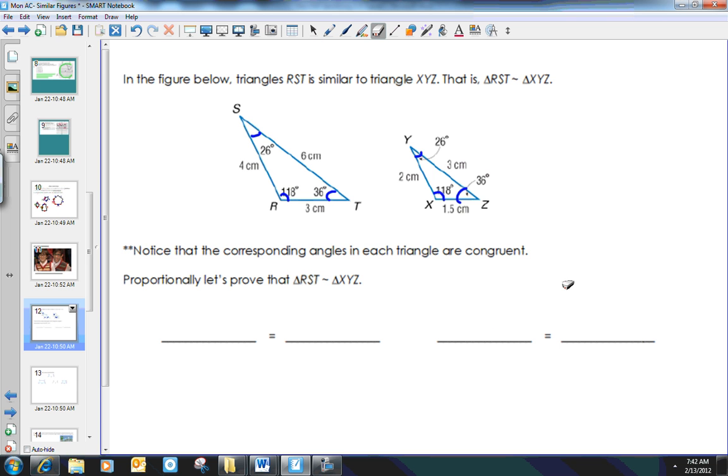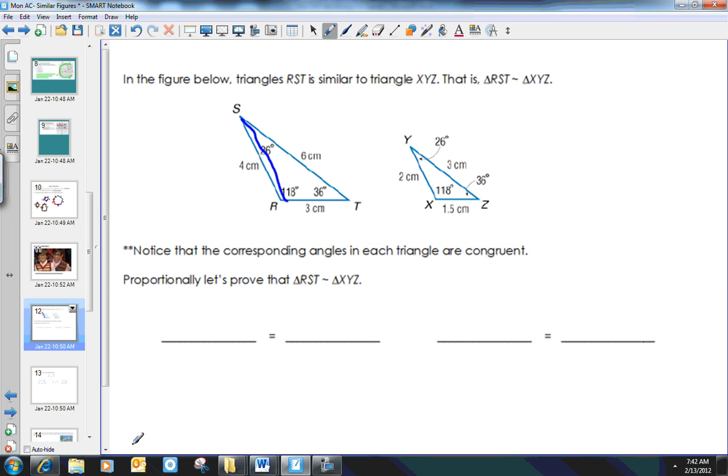If we didn't know what our angle measurements were and all they gave us were side lengths, we would be able to prove proportionally that these two triangles are similar. So what we could do, let's say we have side SR here. Whoop, let me draw that a little straighter if I can. You know my issues with these things.